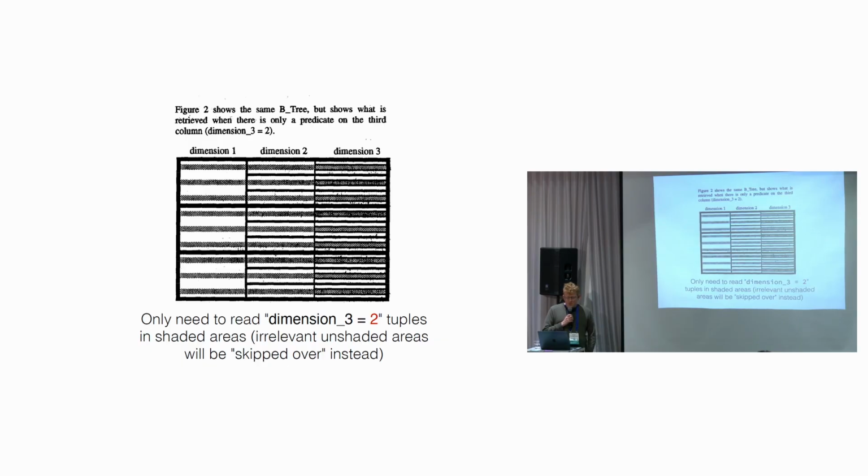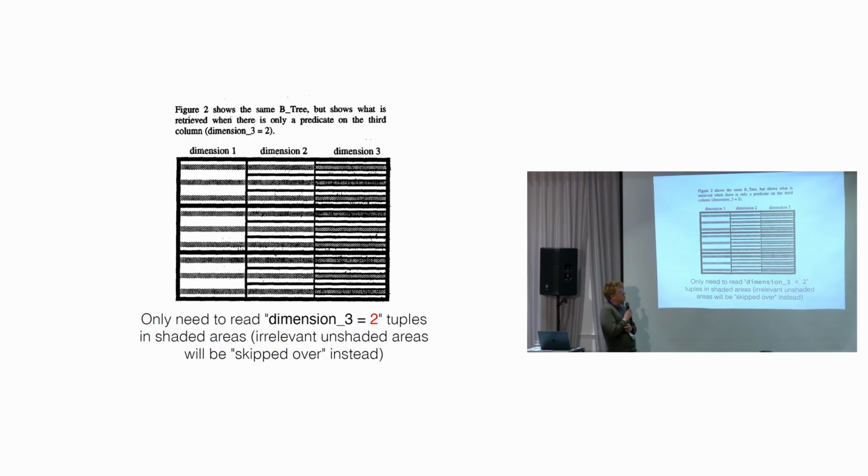This particular example, if you imagine an SQL statement with dimension 3 equals 2, and then this is a composite index on dimension 1, dimension 2, dimension 3, and in this sort of toy example, each column only has 3 distinct values. So the shaded areas indicate the parts of the index we'll have to read. All the rest of the index is irrelevant to the scan, and therefore we don't have to read those parts of the index at all.